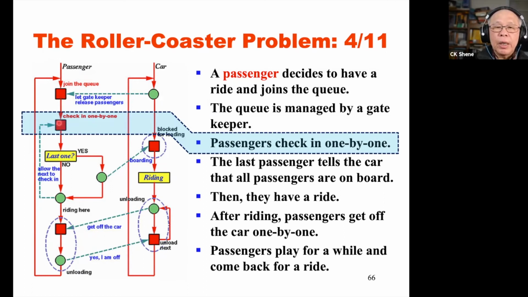So each passenger must go through this check-in one by one. Because we allow checking in one by one, it means this is a semaphore whose initial value has to be 1. Of course, you must allow the first passenger who gets through this gate to check in, so the initial value has to be 1. So here we allow C passengers to get through.